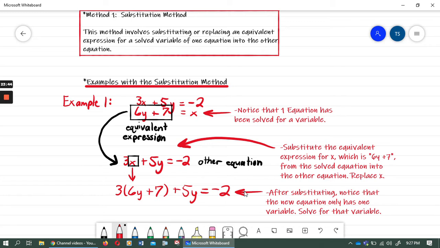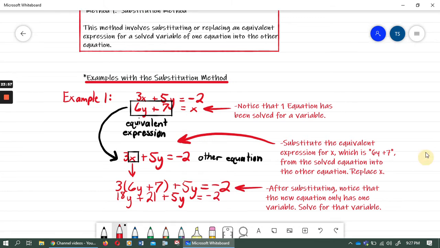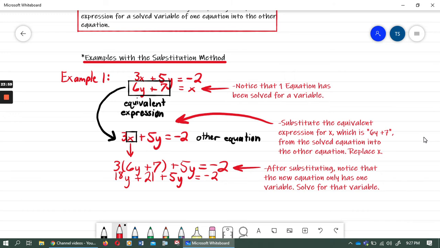When we distribute this 3 inside, that gives us 18y plus 21, and this is still plus 5y and equals -2. When we combine the like terms on the left side, 18y plus 5y is 23y plus 21 equals -2. And of course, we need to subtract 21 from both sides of the equation.